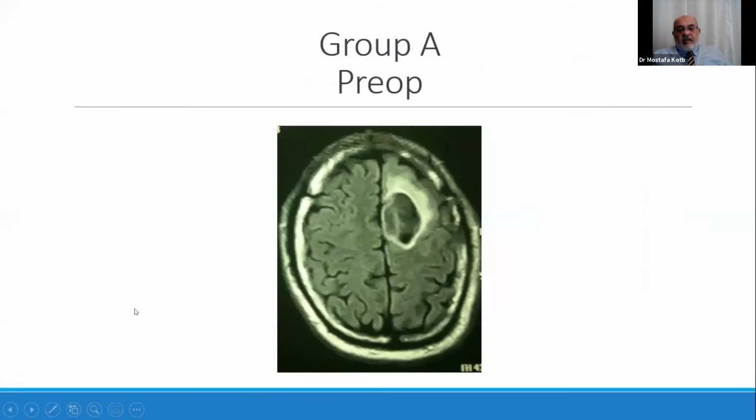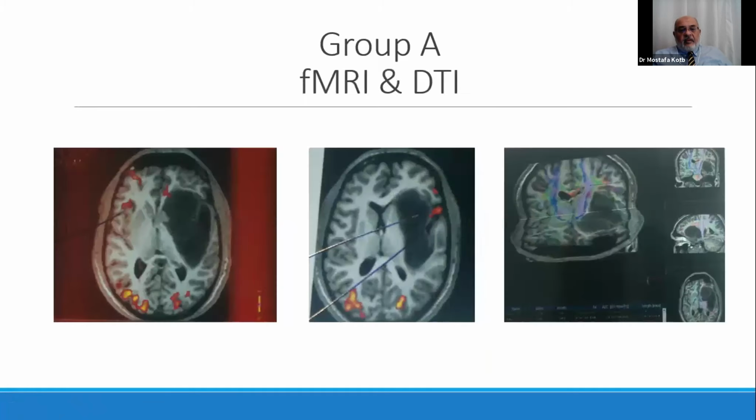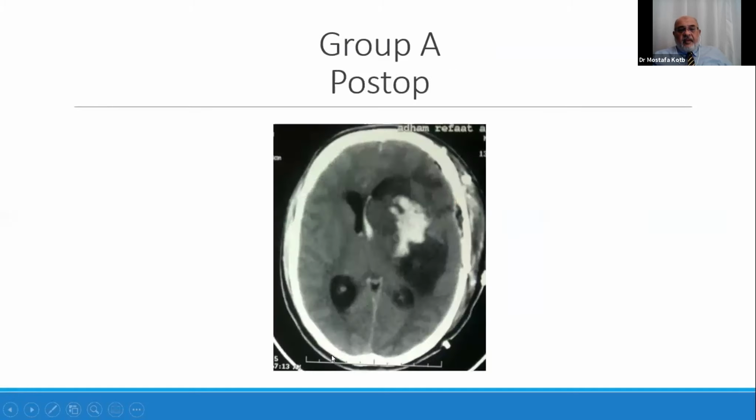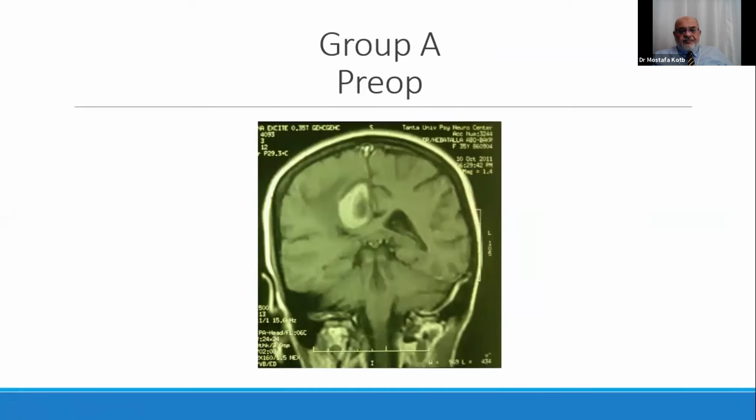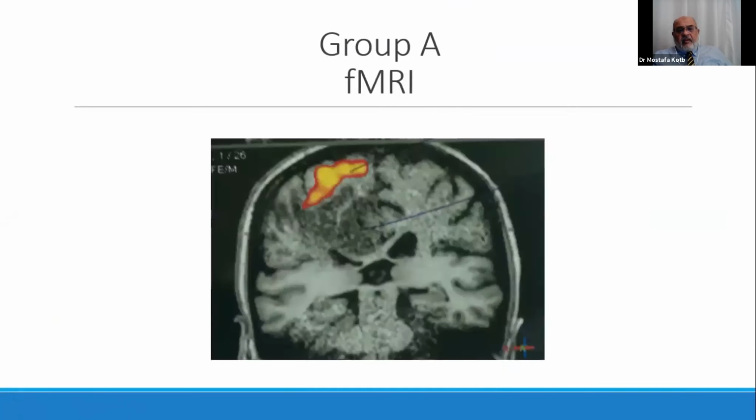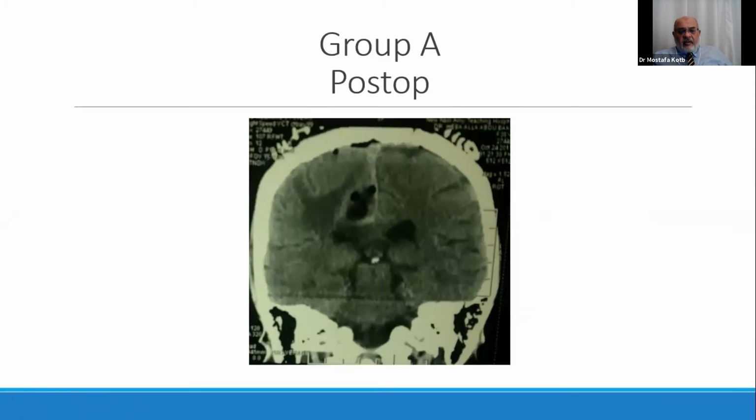These are some examples of the images for our patients for group A. This is the functional MRI, and this is the post-operative image for this patient immediately post-operatively. Another patient for group A, with functional MRI and post-operative image, showing almost total resection of the tumor.